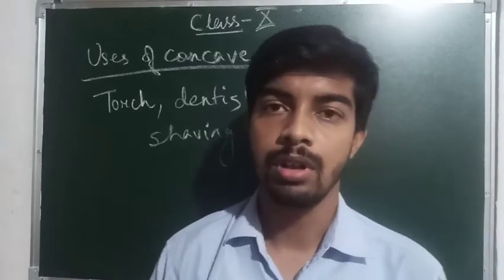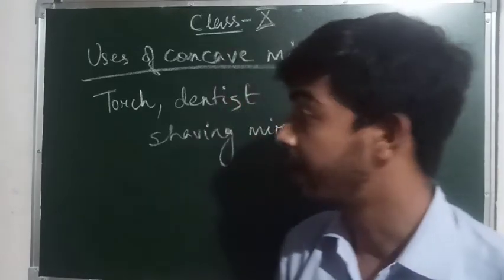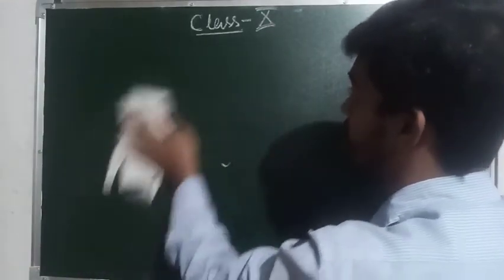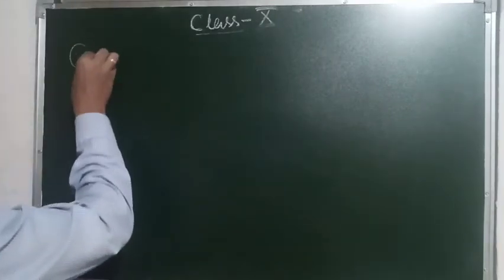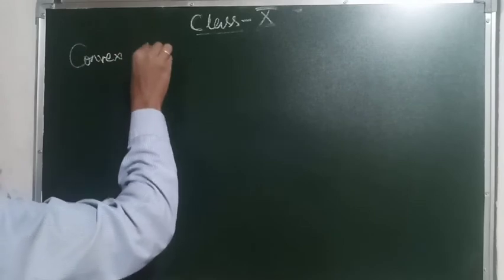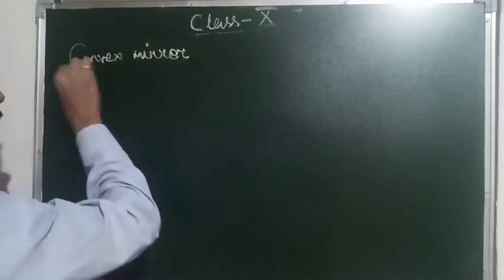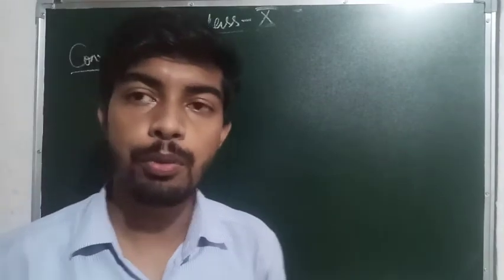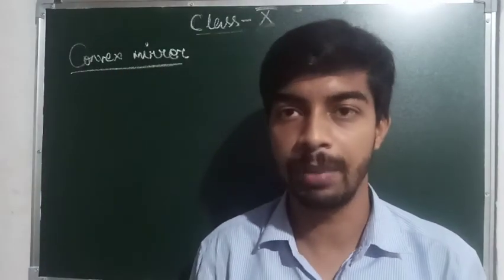So now let us look at the ray diagrams formed by a convex mirror. For a convex mirror there are only 2 positions in which the object could be placed.